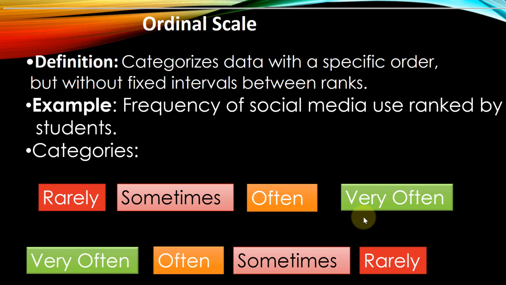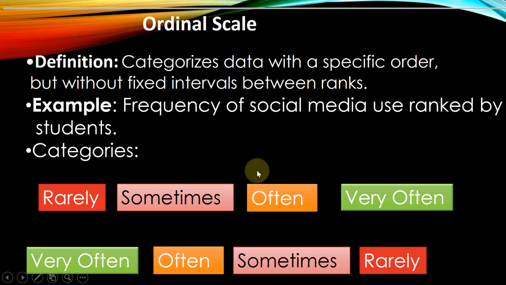It means you may rank the values in descending or ascending order, but you cannot rank the values without any order. It means there will not be any haphazard order of the values.